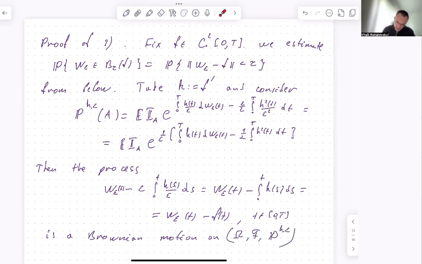So therefore, if you replace this probability by the new probability, then you will see just the probability that the norm of the Brownian motion is less than r. You will not see that function f anymore. And actually, it is our idea to estimate that probability. First of all, before we make that estimate, I would like to consider the term which we have here more precisely, because here the function h is a deterministic function.